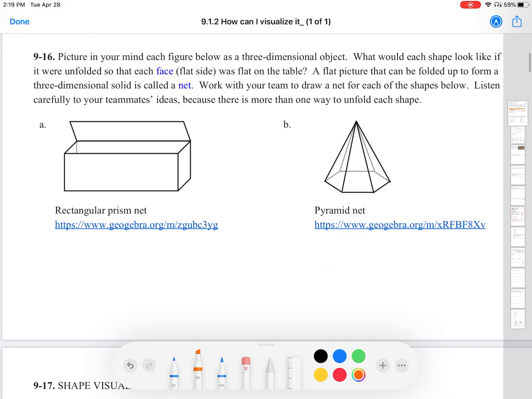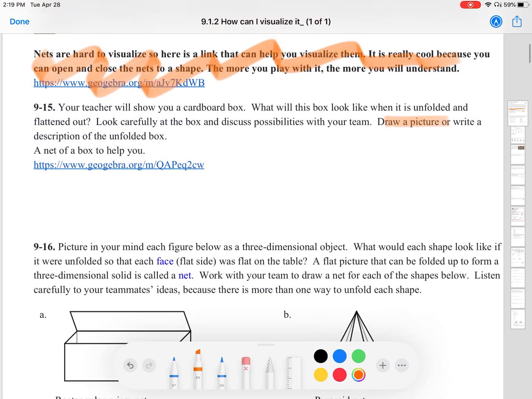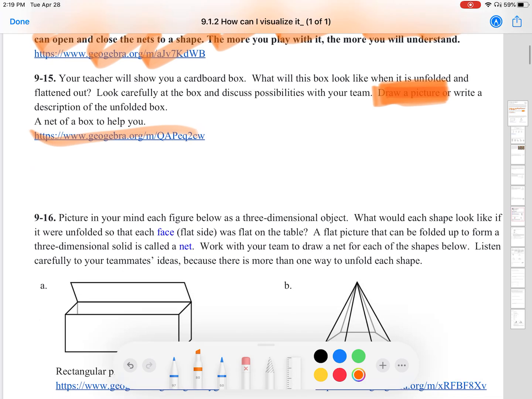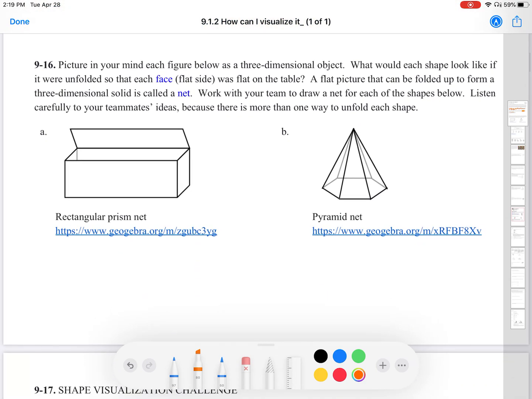Then it says, picture in your mind each figure below. There are, by the way, a multitude of options under pictures that you could draw that still create a cube. There's no technically right answer, but you should find one of them hopefully in there. Now, picture in your mind each figure below as a three-dimensional object.